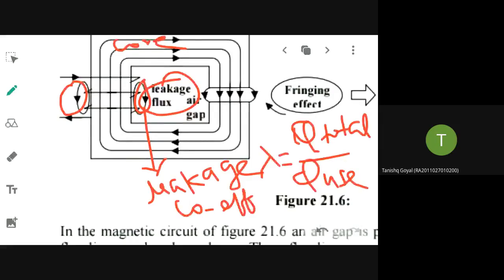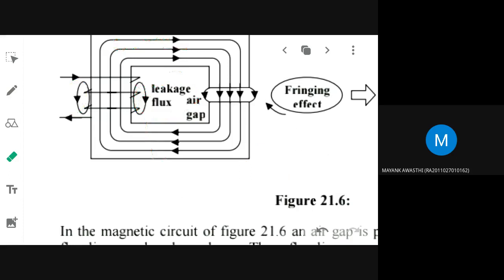Total flux upon leakage flux. Total flux divided by useful flux, not leakage flux. I am writing it. So this is my leakage coefficient, that is nothing but total flux divided by useful flux.